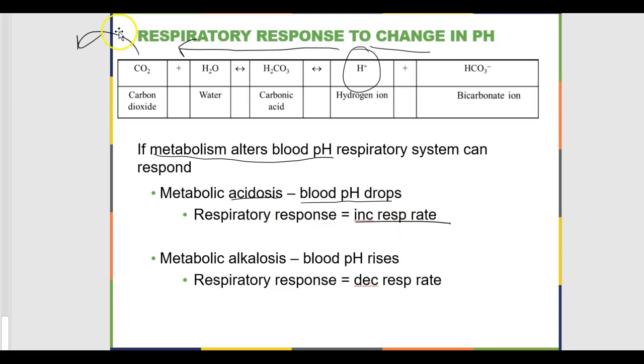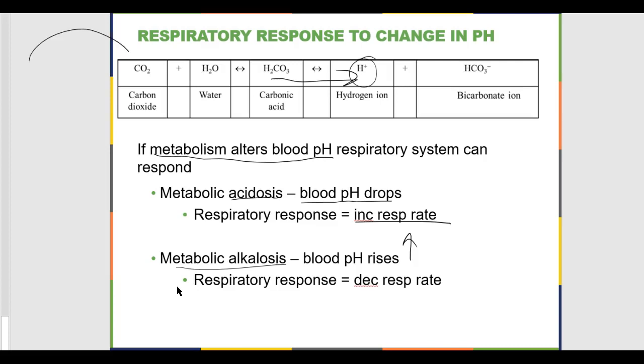And then, let me just delete some things. So, again, everything is fine, and then your metabolism causes alkalosis. Now your blood pH is higher than you want it to be, meaning you don't have enough hydrogen ions. You want more of them, so you need to move the equilibrium in this direction. You want the chemistry to run from left to right.